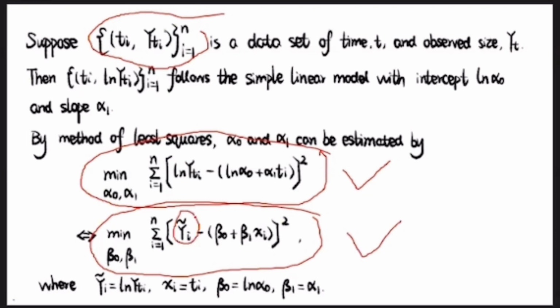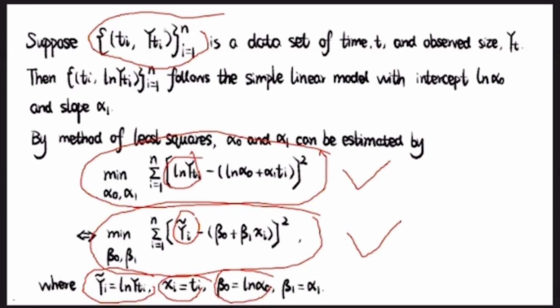It means I have a transformed y. Now when you compare, you're going to see that we have a new y, a transformed y, and our independent variable is time t. Then our beta naught, going by the beta naught in the original model, is equal to the log of alpha naught. And of course, beta 1 is still the same thing as alpha 1.